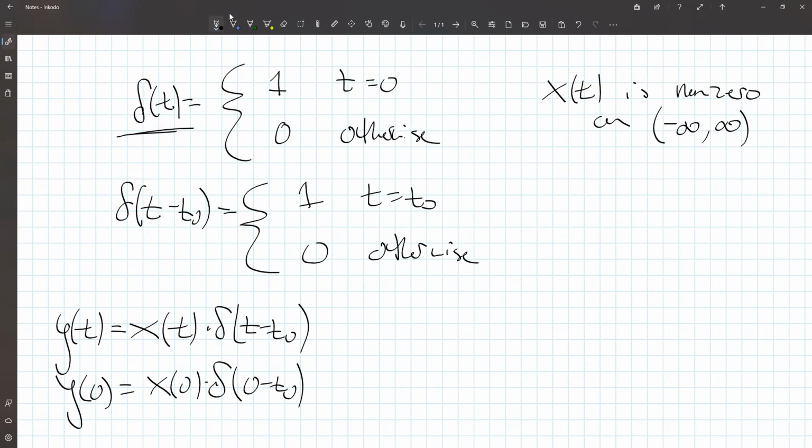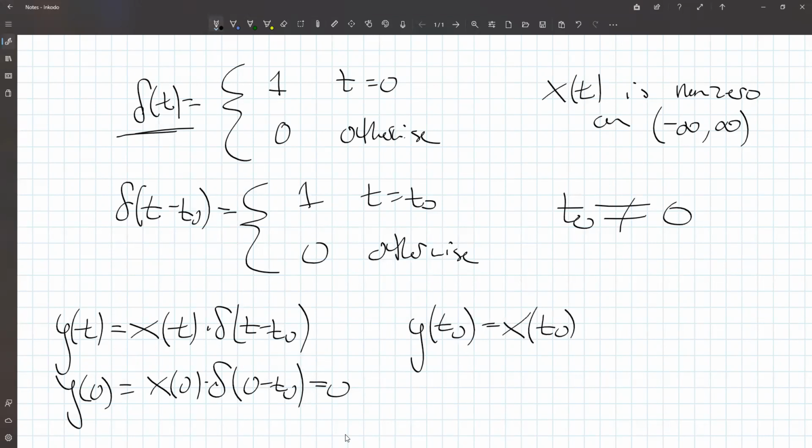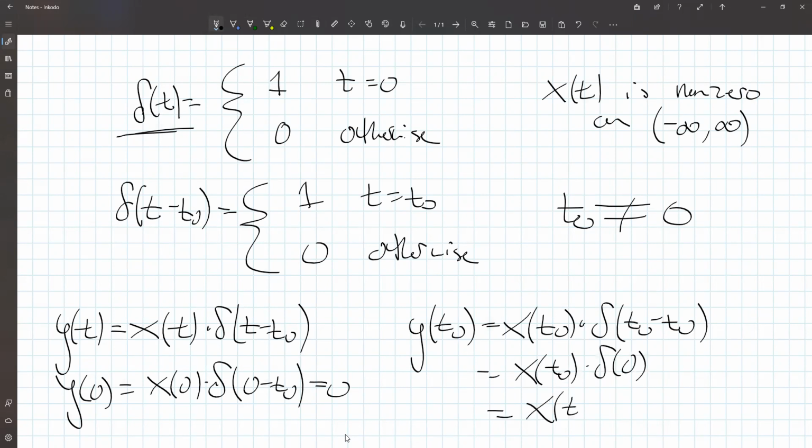And as long as t naught is not equal to 0, then this becomes 0. But if I put in y of t naught, then I get x of t naught times delta of t naught minus t naught, which is equal to x of t naught times delta of 0, which is equal to x of t naught.